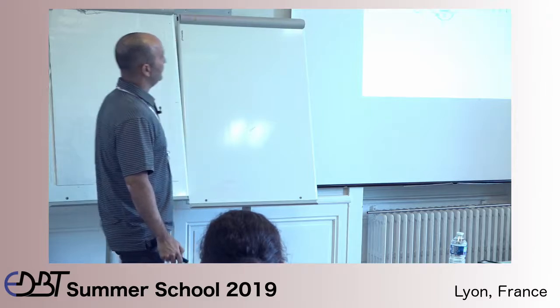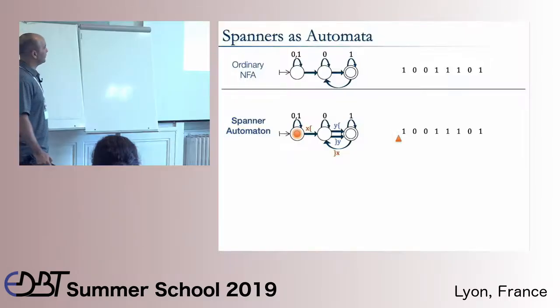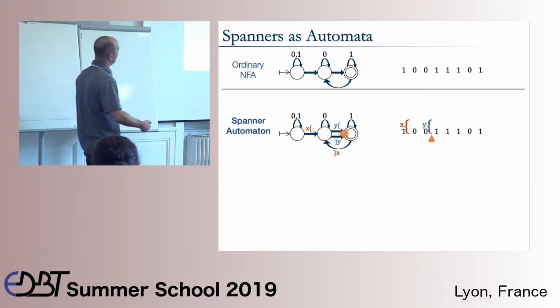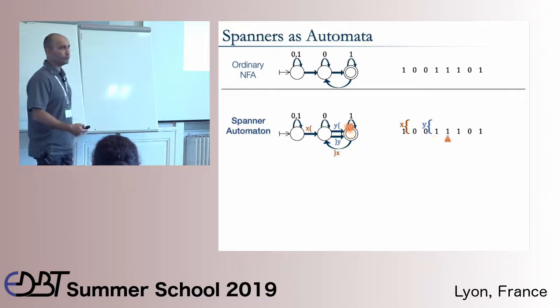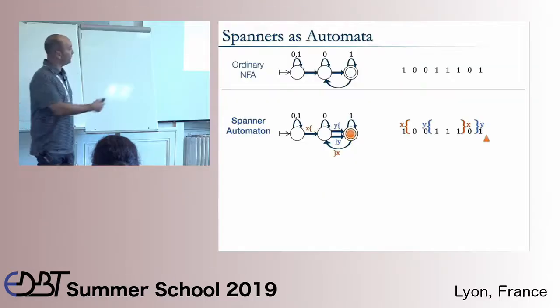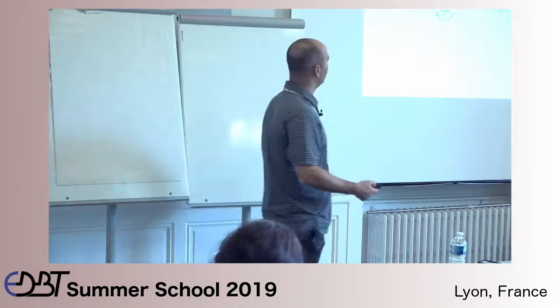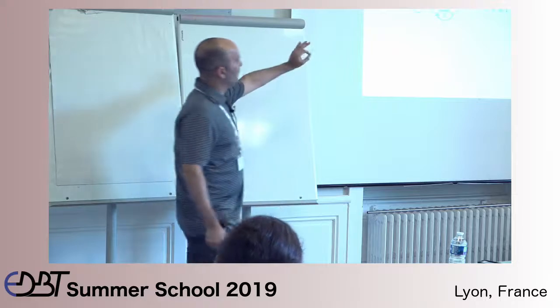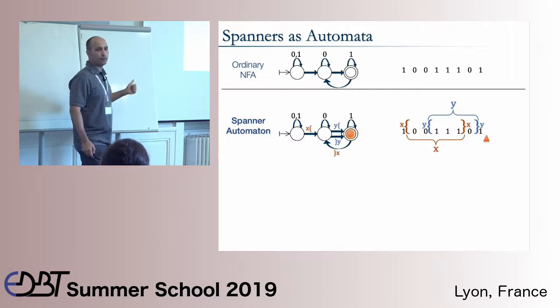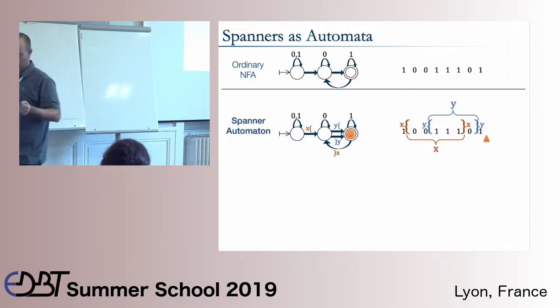A spanner automaton does the same, but it allows you to open variables and close variables in some of these epsilon transitions. So at the end of the run, which should be an accepting run in an accepting state, if you look at where x has opened and closed and where y has opened and closed, then you get an assignment to x and y, to the spans of x and y.